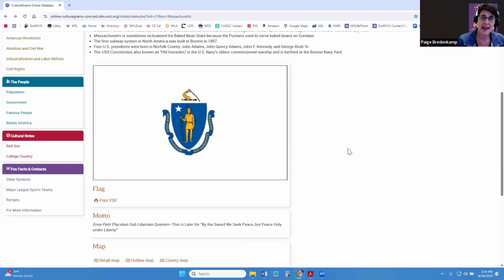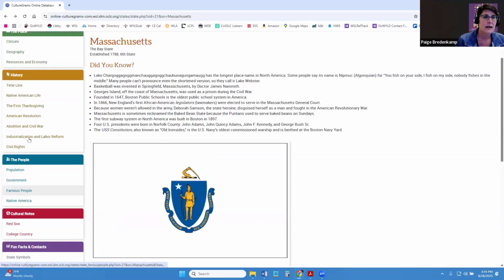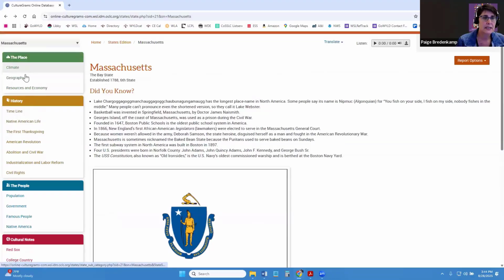And each state has recipes that are representative of the state, whether it be from their agricultural exports or just something that they're really known for. Here on the cultural notes, there's a little bit about the Red Sox, because Boston Red Sox. But it also talks about climate, geography, resources, and economy.